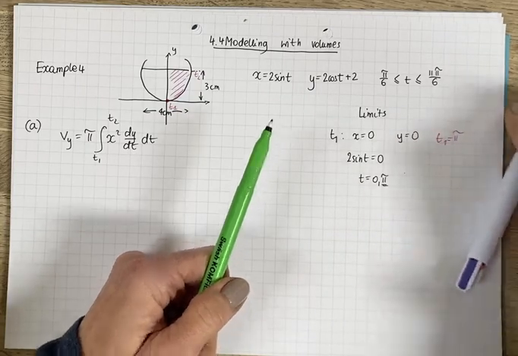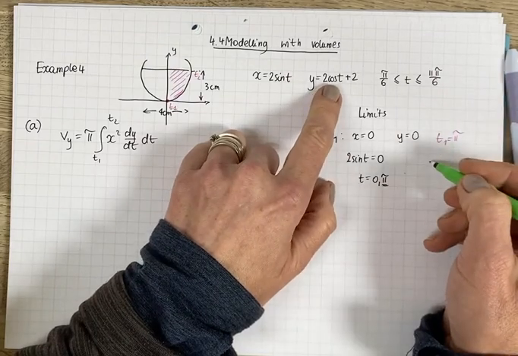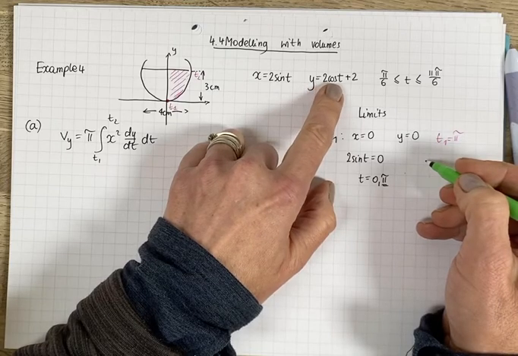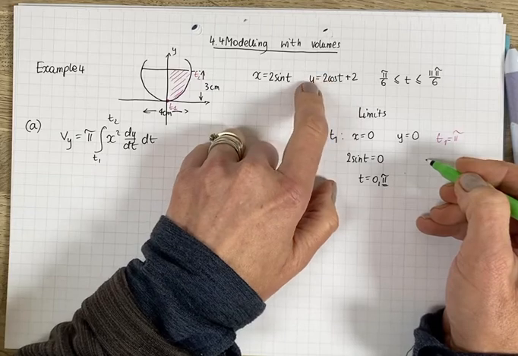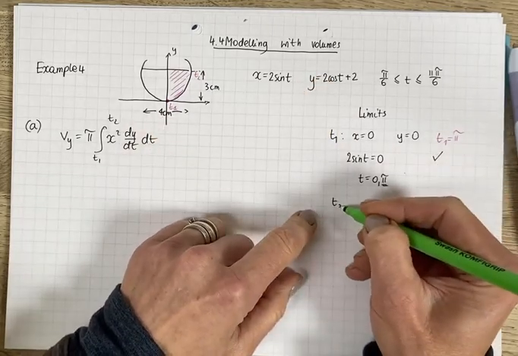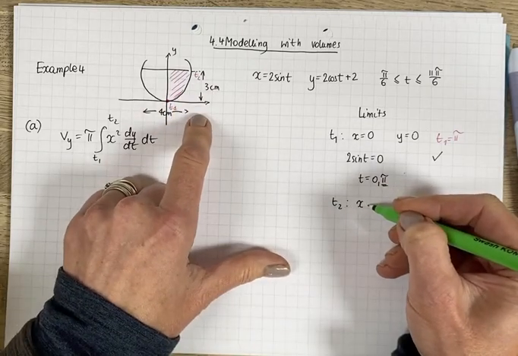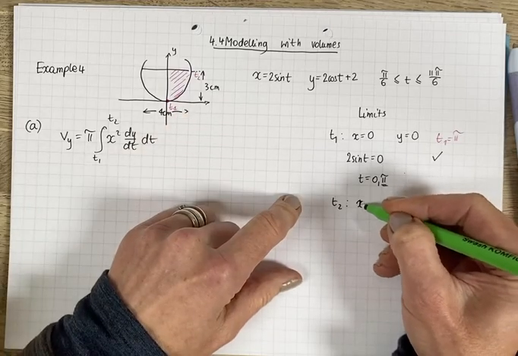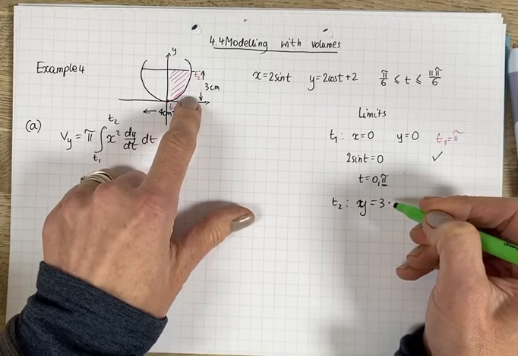Let's just check whether that is confirmed by substituting pi into the y coordinate. You'll get 2 times -1, because cos pi is -1, plus 2. That will give me 0 as well, so that is fine. To find t2, we don't know what x is, but we know that y is equal to 3, because we know that x is equal to 4.